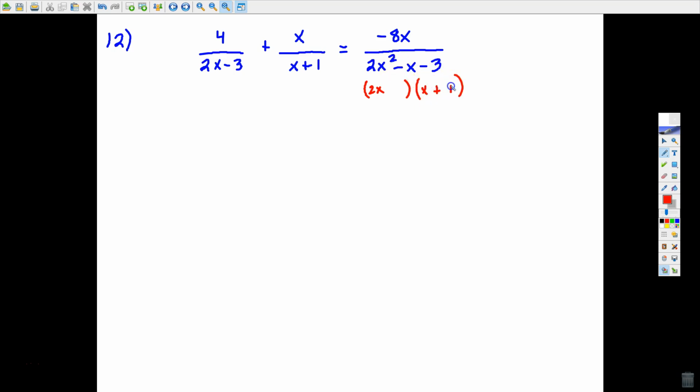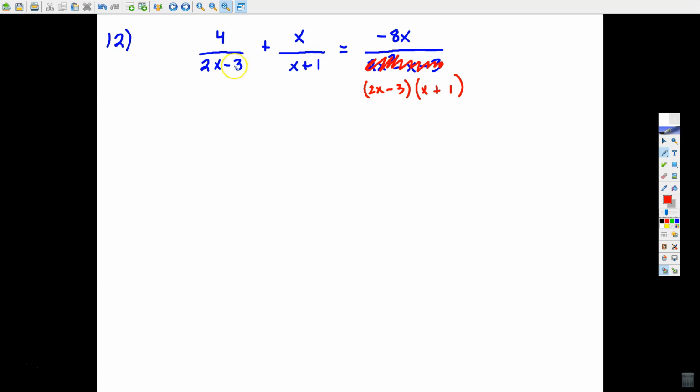So this should be +1 and -3. 2x squared plus 2 minus 3x is -1x minus 3. Since we have shown the factored form, I'm not going to look at this one any longer.